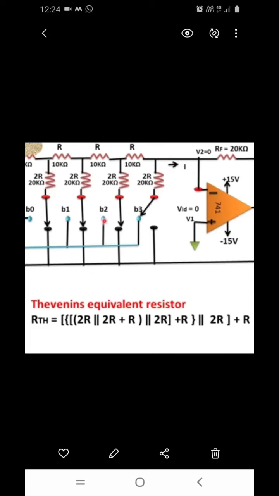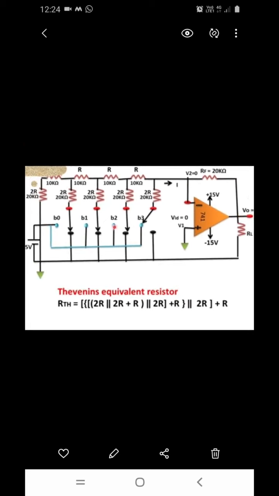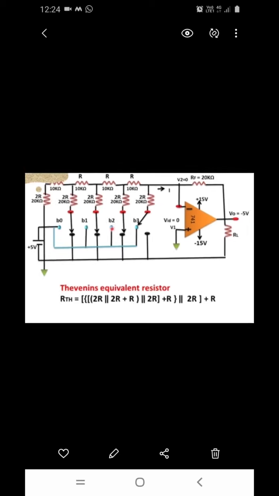Hence overall you will get 2R. As we have already been given the values for the resistors, if you solve this you will get 20 kilo ohm.